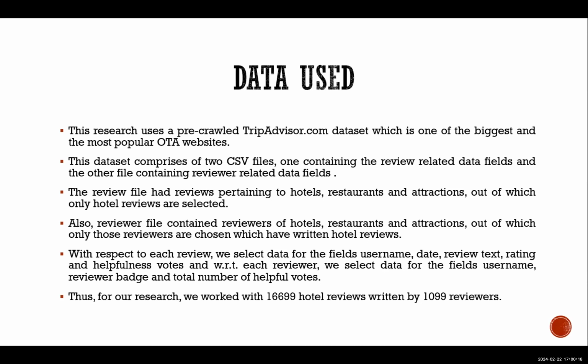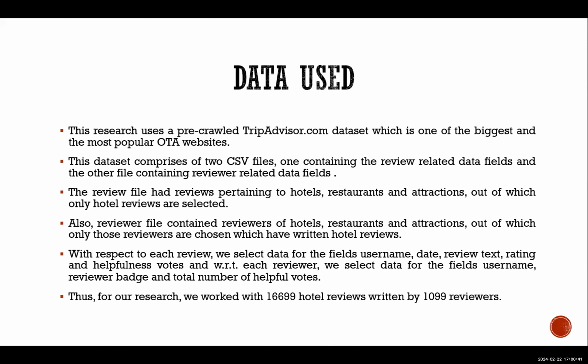One was a review file, which contained reviews pertaining to hotels, restaurants, and attractions. The other was a reviewer file, which contained the data of reviewers who have given reviews related to hotels, restaurants, and attractions. Out of these, for my research, I have used reviews and reviewers related to the hotel industry.